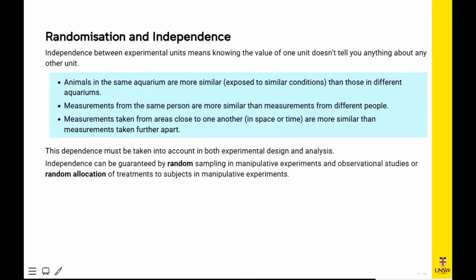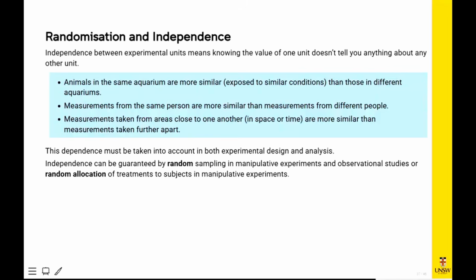So if you are doing experimental designs, you can ensure independence by doing random allocation. You just need to know at what level you're doing it. Are you doing it at the student level or the pairs of students level? Random sampling of either the students or the pairs of students, for manipulative experiments and observational studies, can help ensure independence.